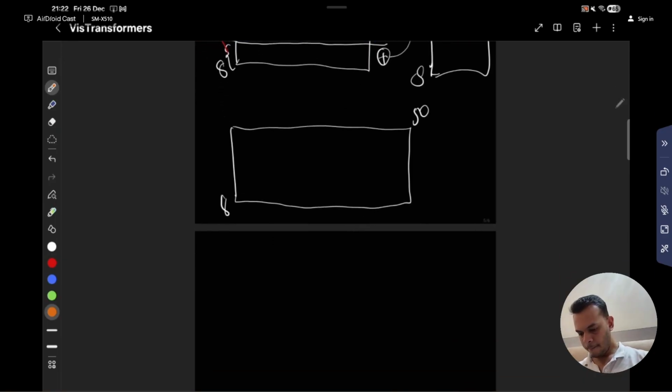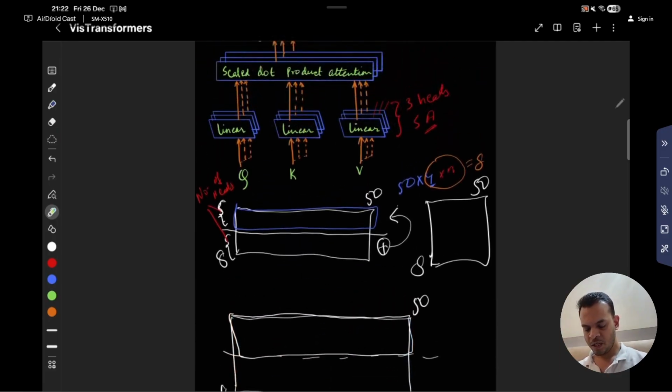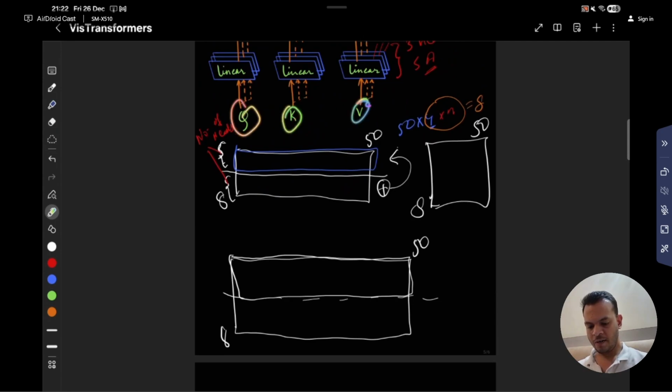So we will divide our tensor, and in this case we have two heads, so each of these is passed through a linear layer on its own to give our mapping of query, key and value.